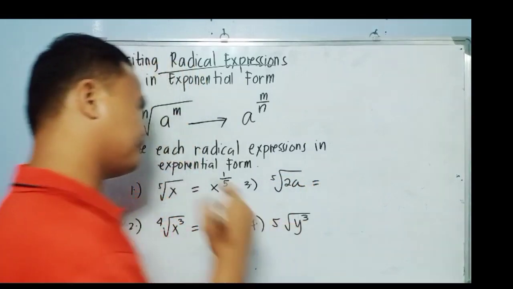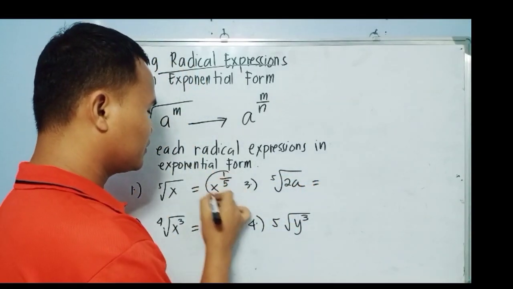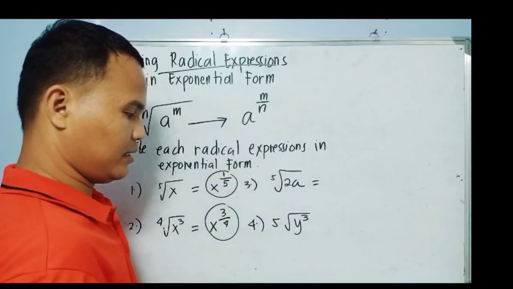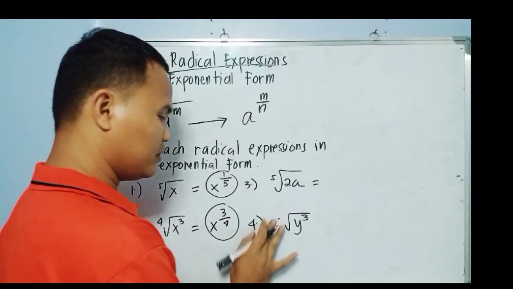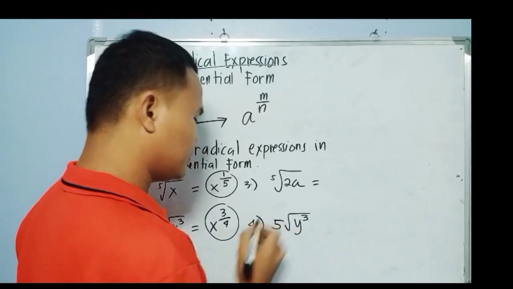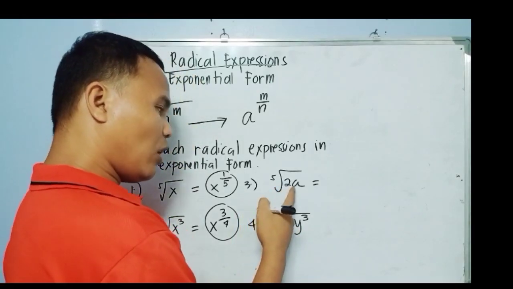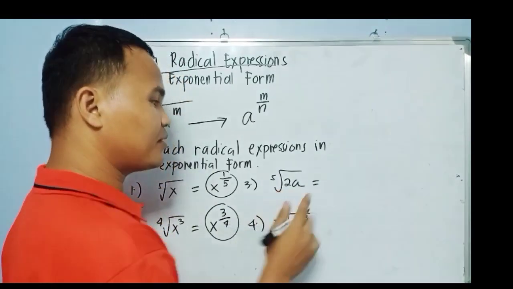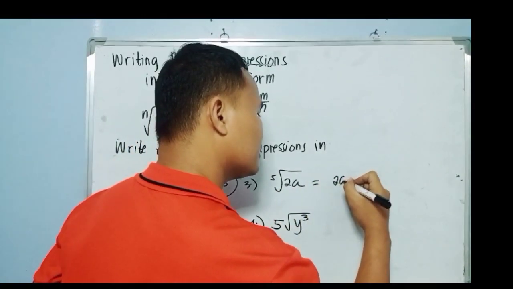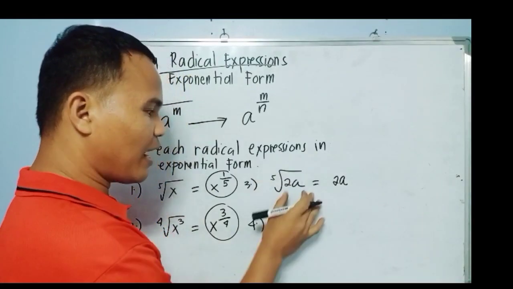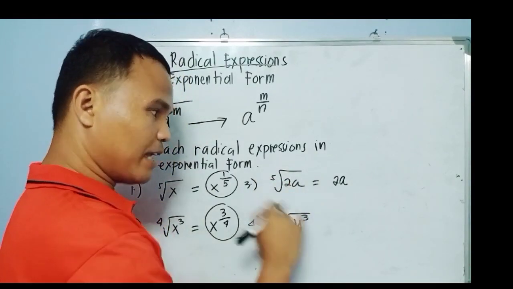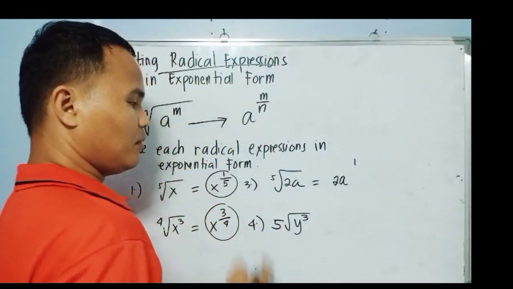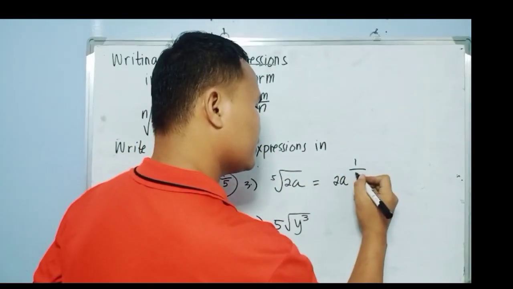Okay, for number 3, the fifth root of 2a. So what is our radicand? The radicand is 2a. What is the exponent of 2a? Wala siya nakita nga number, automatic 1. What is our index? 5.